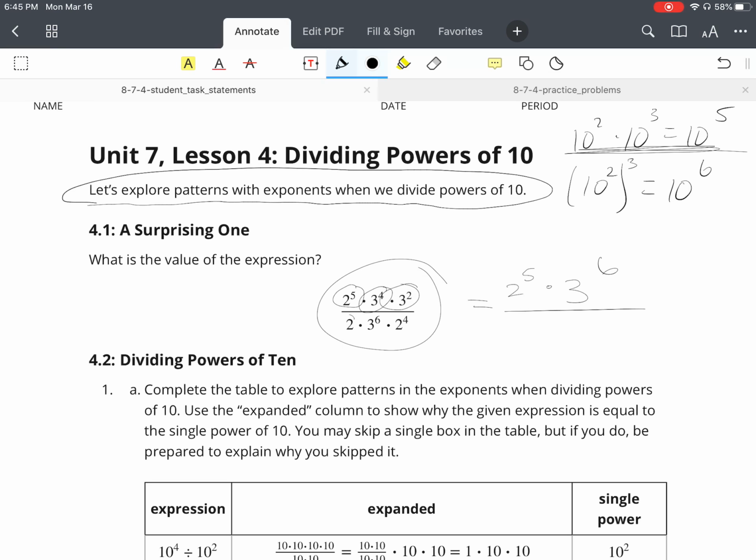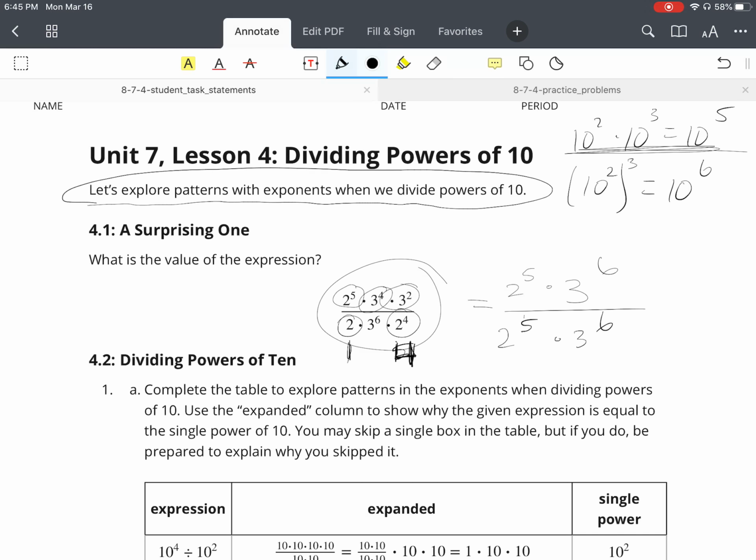The bottom one, how many 2's? Well, we have 1 here. We have 5 there for a total of 6 2's. Oh wait, no, that's a mistake. I can't count. We have a total of 4 here and 1 here for a total of 5. Then we have a 3 to the 6th.